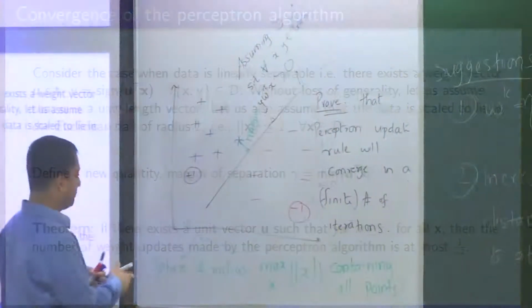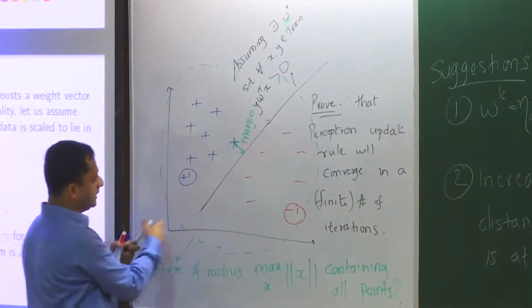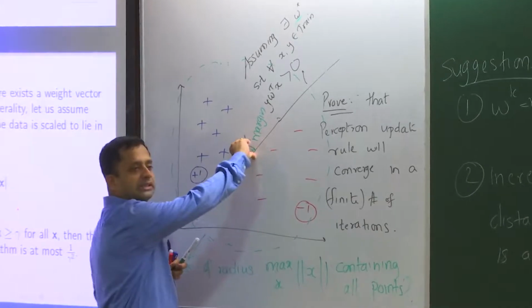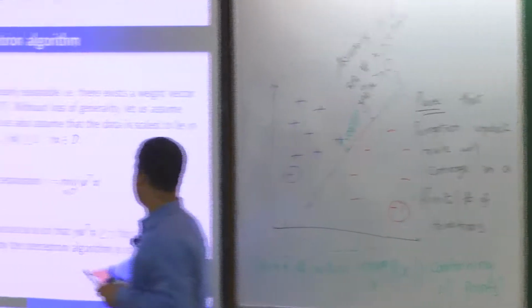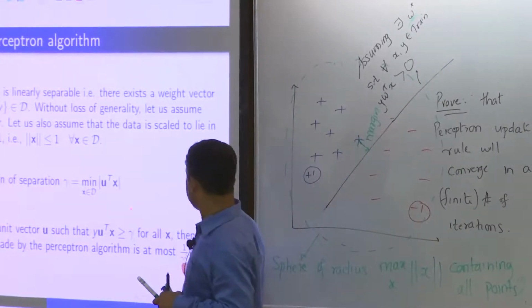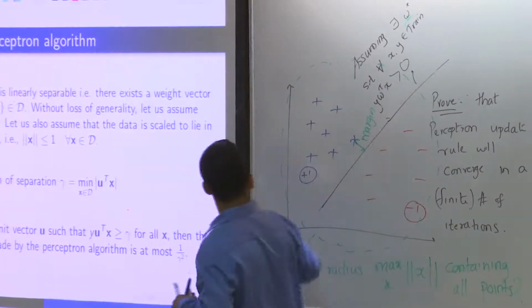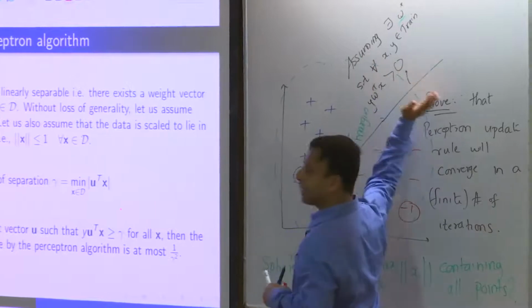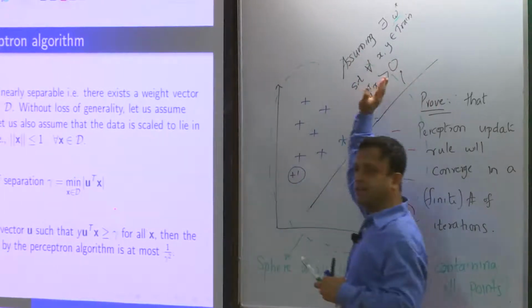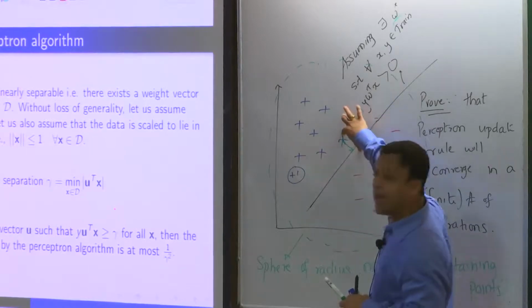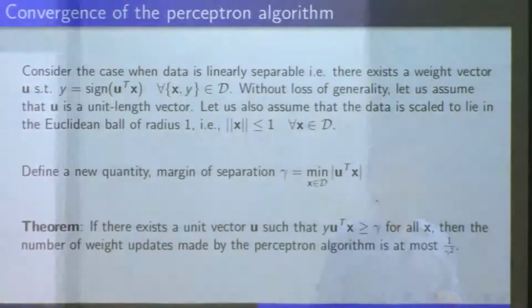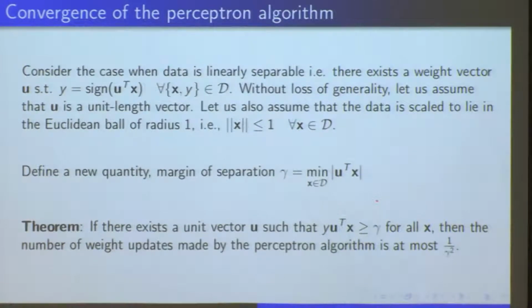So we are saying that 1 upon the square of this margin is the upper bound for the number of update steps. This separator wk is going to move around for at most 1 upon the square of the separating distance.